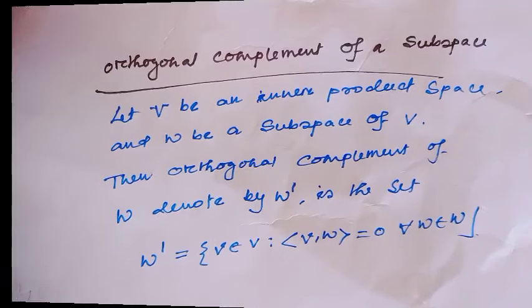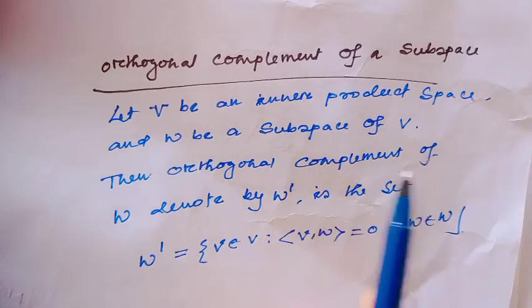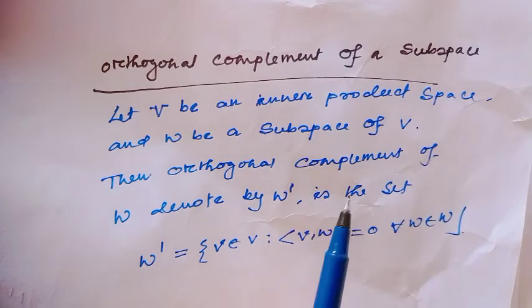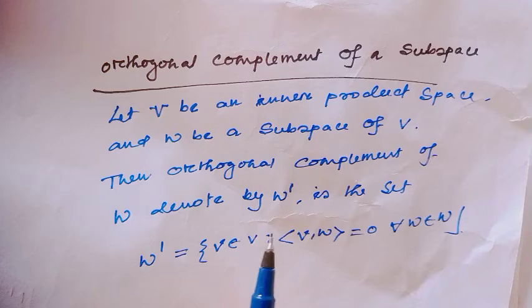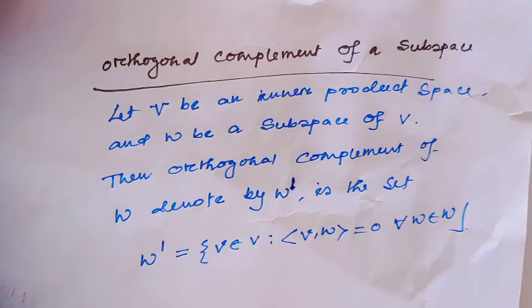Now I will show the new idea: orthogonal complement of a subspace. Consider V an inner product space and W a subspace of the vector space V. Then the orthogonal complement of W is denoted as W perp.